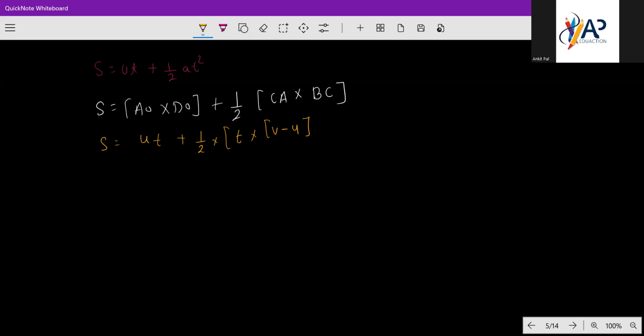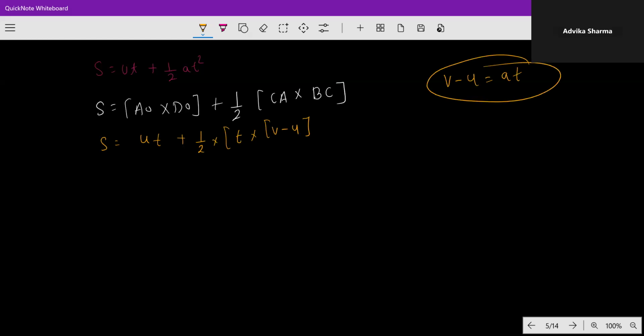We also know from the first equation of motion that v minus u is equal to at, right? Yes.